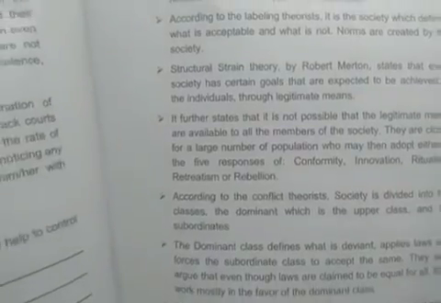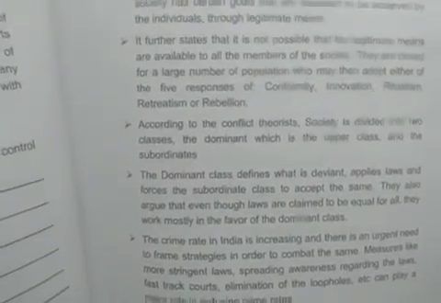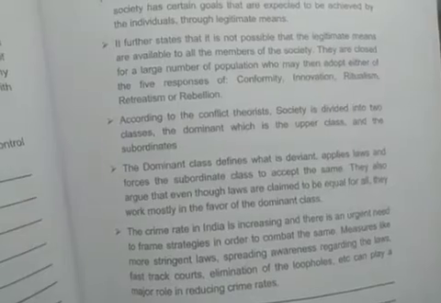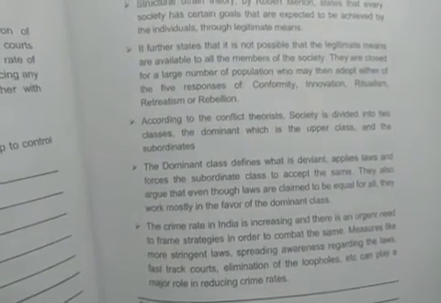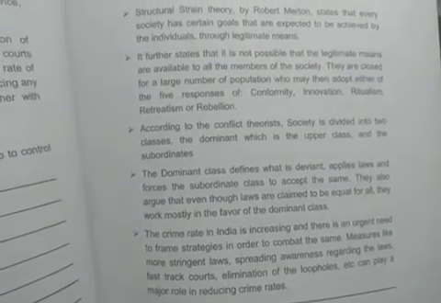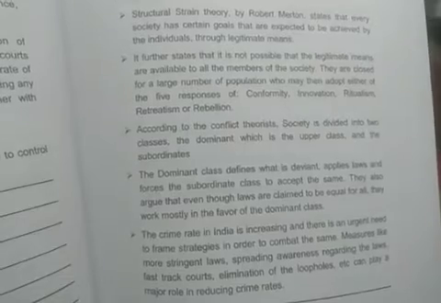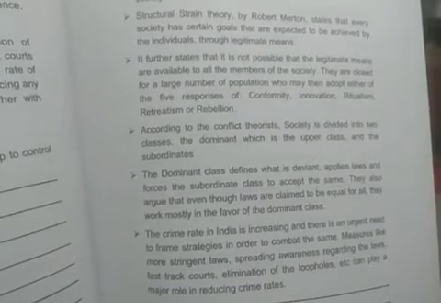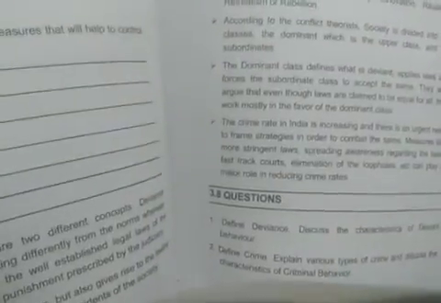According to the conflict theorist, society is divided into two classes: the dominant, which is the upper class, and the subordinates. The dominant class defines what is deviant, applies the laws, and forces the subordinate class to accept the same. They also argue that even though laws are claimed to be equal for all, they work mostly in the favor of the dominant class.